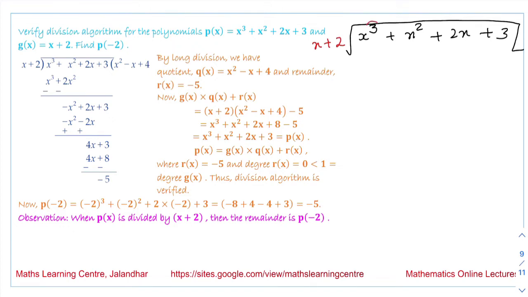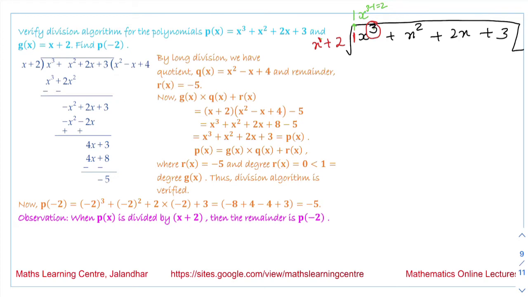So over here the degree is 3, the coefficient is 1, and over here the degree is 1. So in the first step, it is 1, the coefficient from this, into x raised to the power 3 minus 1, that is equal to 2. So we have to multiply it with x square.